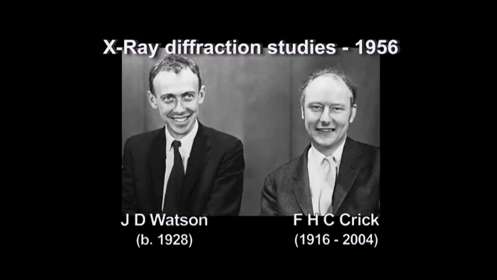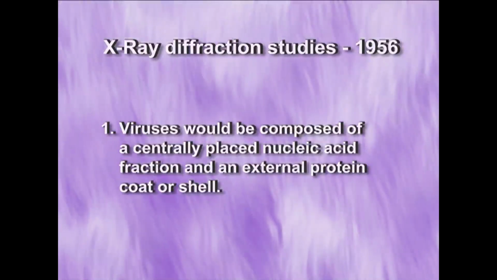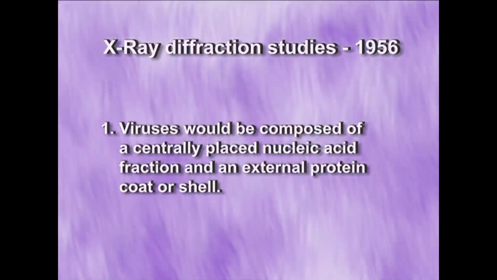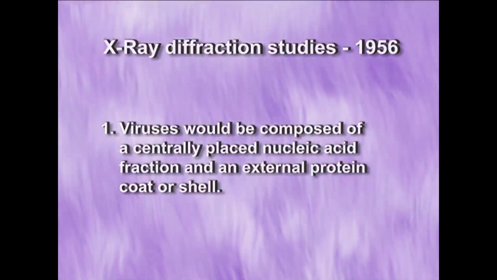This classification of viruses on the basis of morphology depends a lot on the contribution of Watson and Crick's X-ray diffraction studies, which they did in 1956. Their proposition says that viruses would be composed of a centrally placed nucleic acid fraction and an external protein coat or shell.